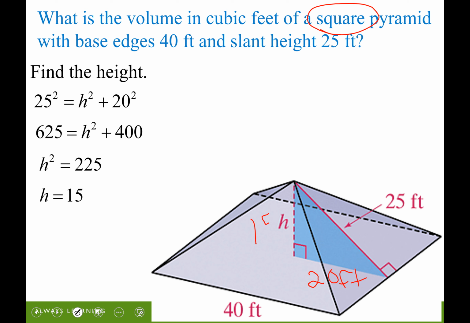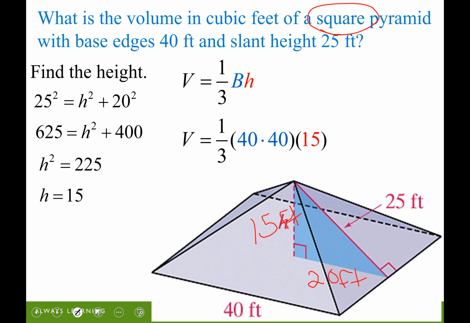Okay, so this pyramid is 15 feet tall, and we know that its base is a 40 by 40 square. So we plug those in. And let's see, were we asked to approximate? What is the volume? They didn't say anything about approximating. Oh, this was a nice even number anyway. It is 8,000 cubic feet.